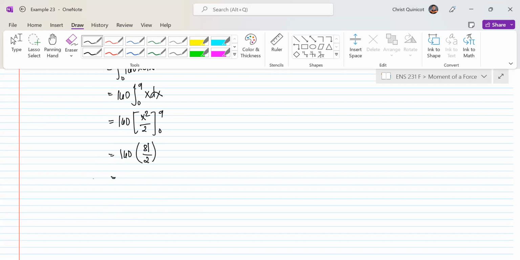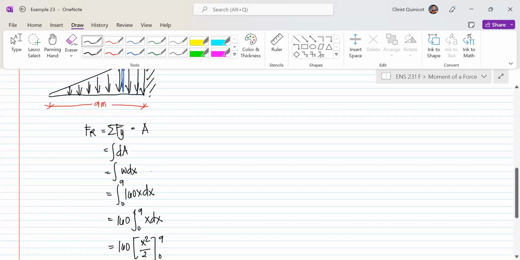Then our F sub R is equal to 160 times 81 divided by 2, which is 6,480 Newton. That's our resultant, this is the magnitude for solution A.